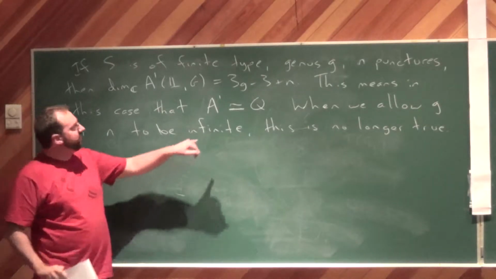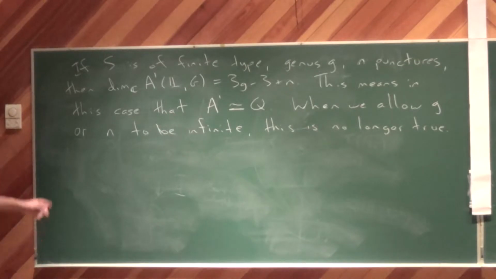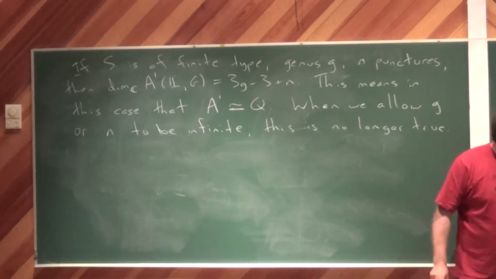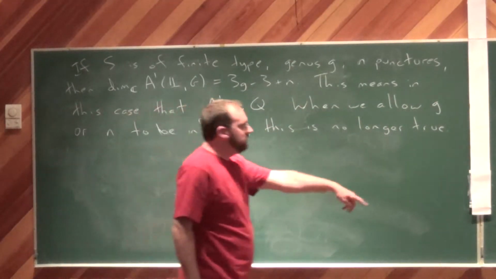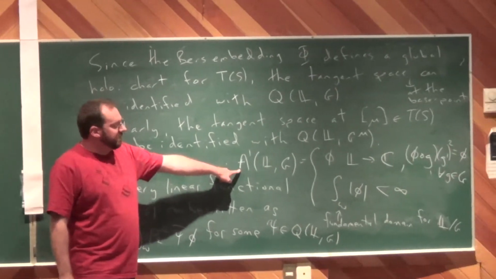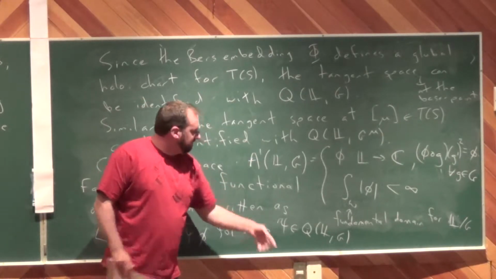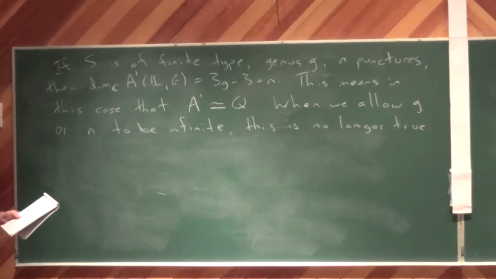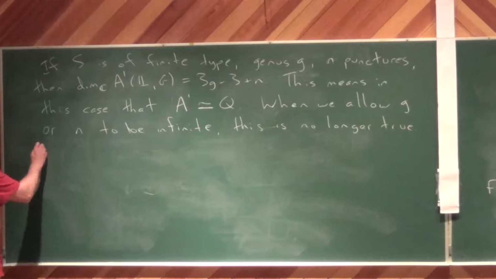And I don't think you even have that A1 has to be contained in Q. You can have elements of A1 which aren't in Q. But you still have the important duality that the dual of A1 can be identified with Q. I guess I'll talk about it tomorrow, but there's a subspace of Q called Q0, which is the pre-dual space of A1, and the dual of Q0 is A1, the dual of A1 is Q. In the finite dimensional case, they all coincide. Not for infinite type though.